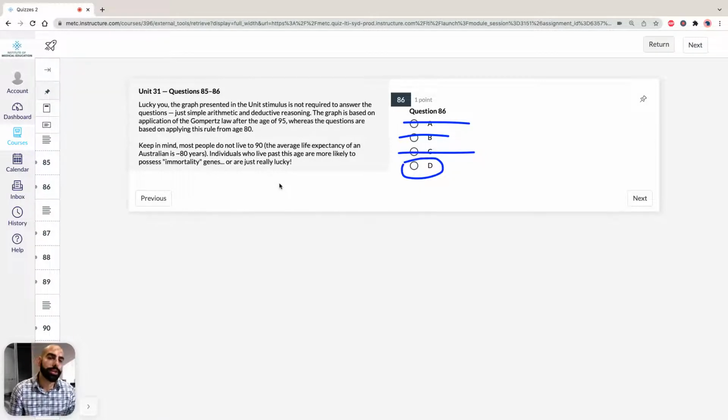There's lots of research going into why people do live longer. It could be genetic. It could just be luck. If you don't live next to crocodile-infested waters, you're less likely to get eaten by a crocodile, so you're more likely to live longer. Diet, so many things can affect these numbers. So yes, it was a bit philosophical, but if you went through process of elimination, you could have got to the last answer.